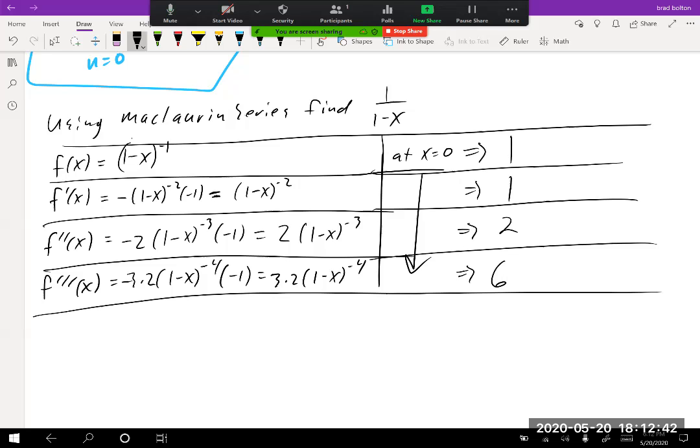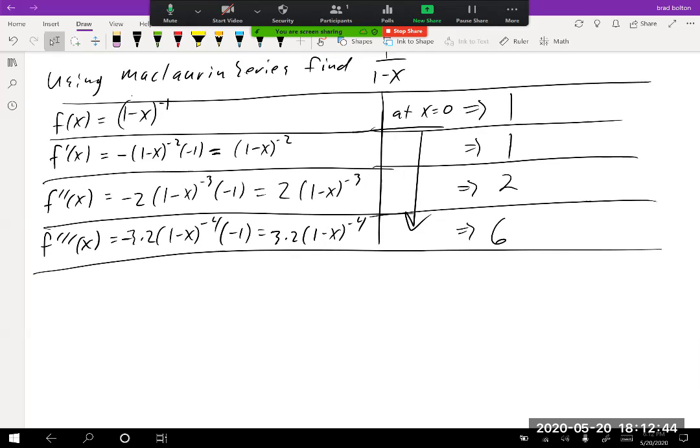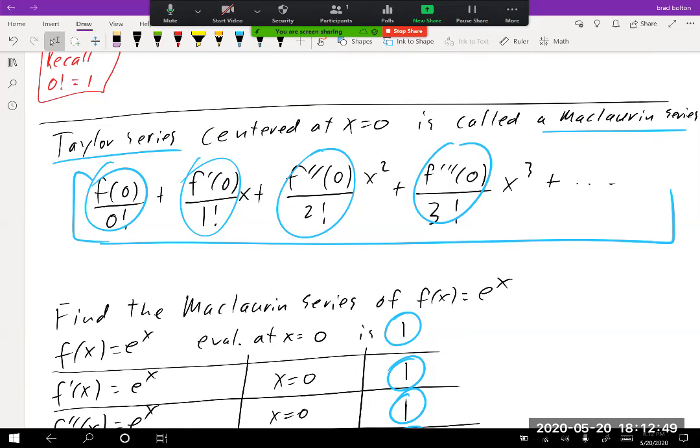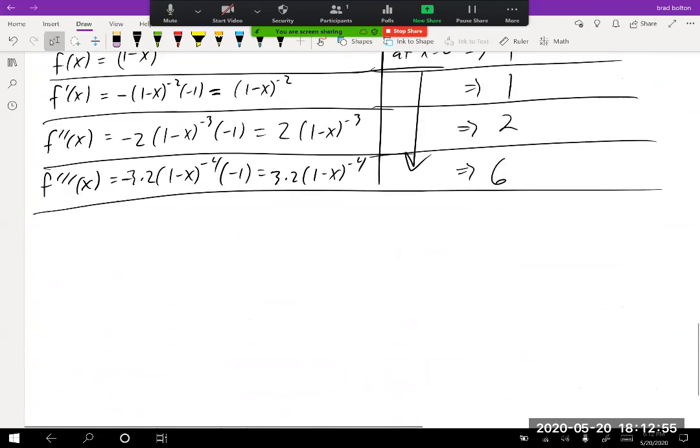So now, if I want to use the same formula that I did for e to the x up here, I do f of 0 over 0 factorial, f prime of 0 over 1 factorial times x. So I'm just going to use that same formula.